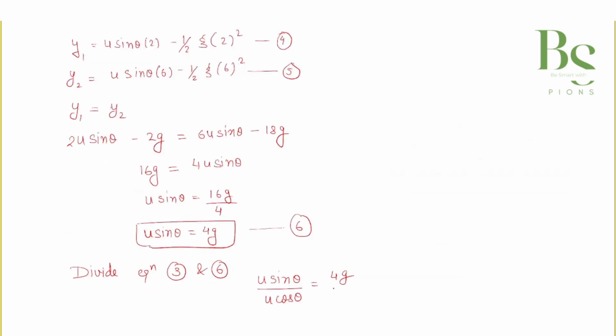So that will be 30, and let me put here 4g as 4 into 10, correct? So 4 into 10 is how much? 40. The g value I have taken as 10, correct?